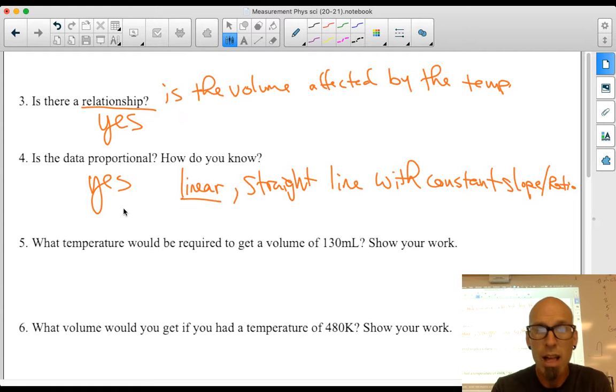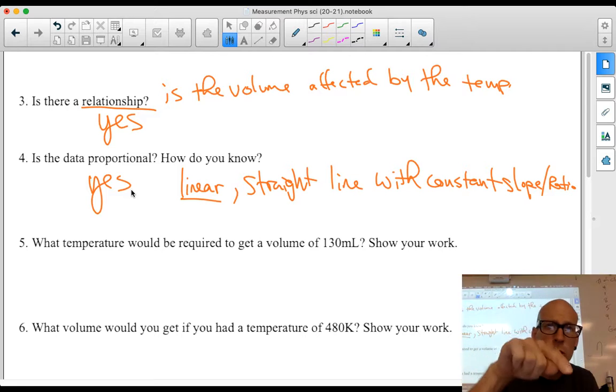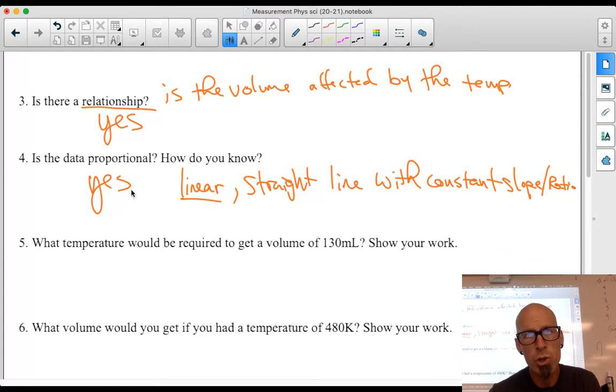Is it proportional? That's a specific kind of relationship. So yes, there's a relationship because the line is tipped. Is the data proportional? Yes, because it's a straight line with a constant slope. Those are two separate things. There could be a relationship and the line could be curved. So yes to relationship, no, it's not proportional, because that curved line wouldn't have a constant slope.